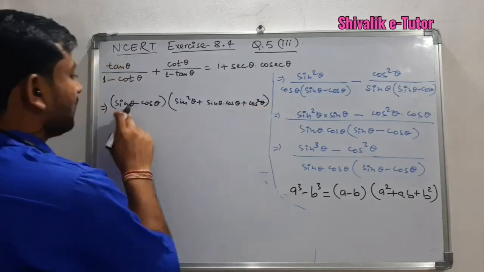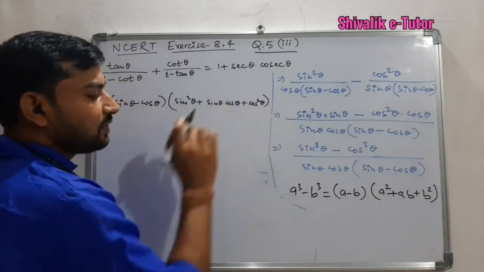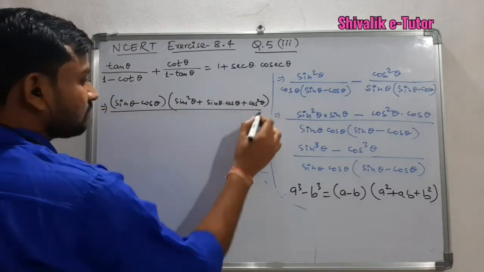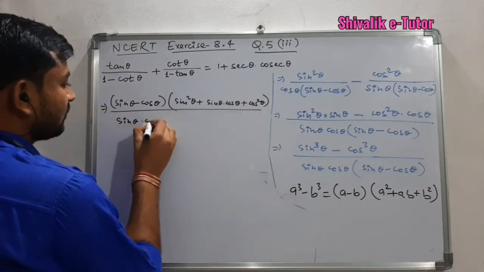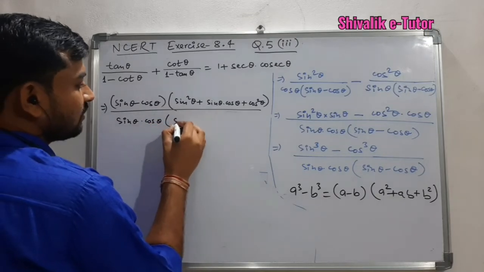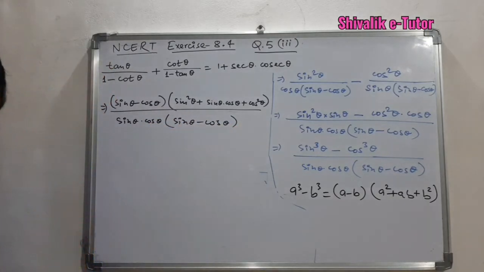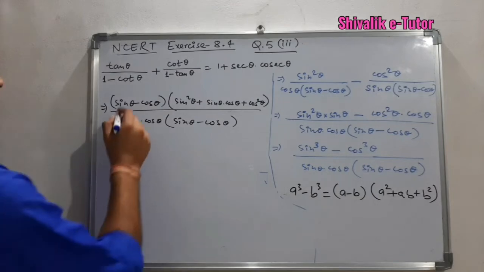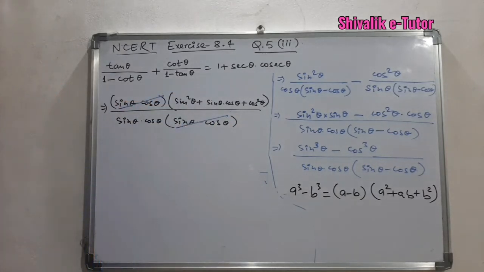This is a minus b into a square plus ab plus b square upon the term here, which was sin theta cos theta into sin theta minus cos theta. So this sin theta minus cos theta is cancelled now as it is present in both numerator and denominator.